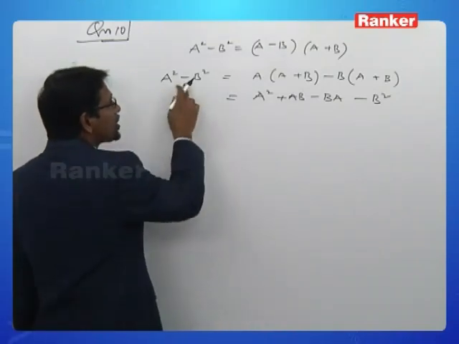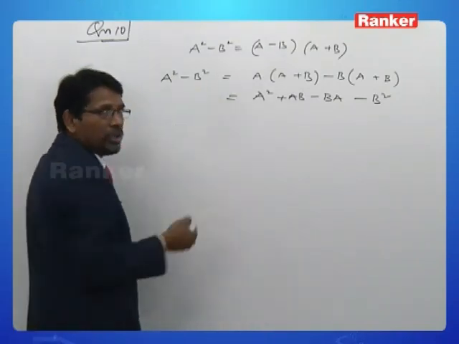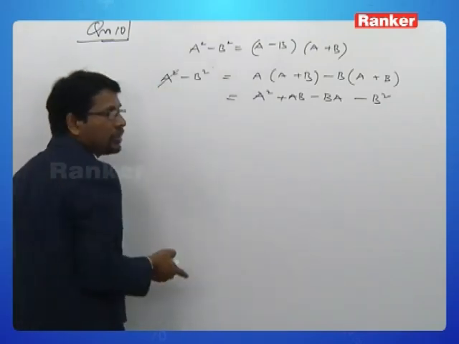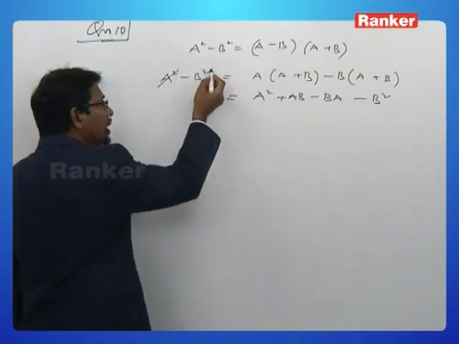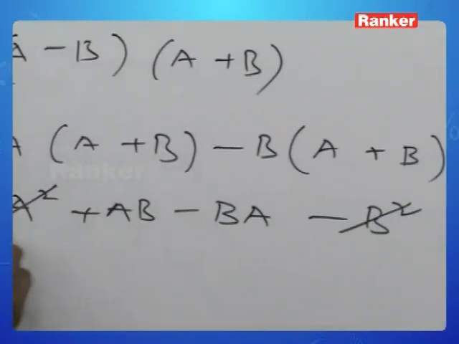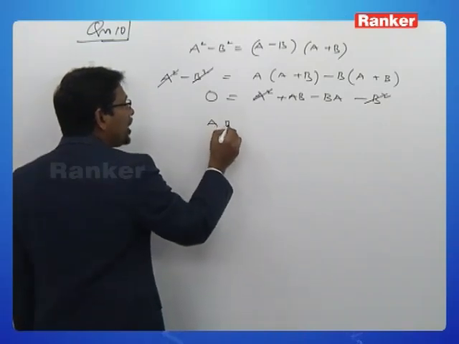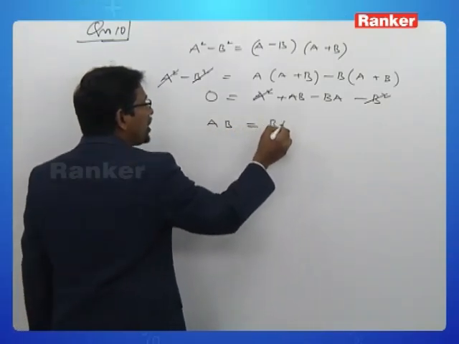Now when can this be equal to A square minus B square? We can cancel out this A square, and we can cancel out this minus B square. So you get a null matrix here. So AB minus BA is a null matrix, that is AB is equal to BA.